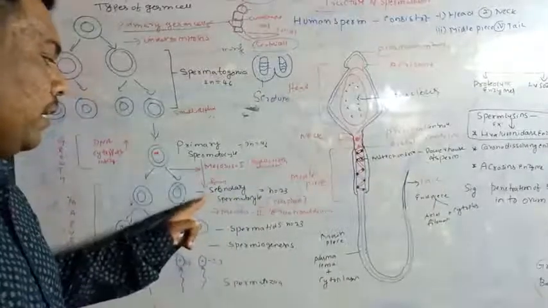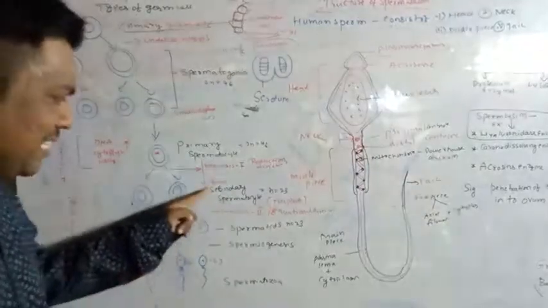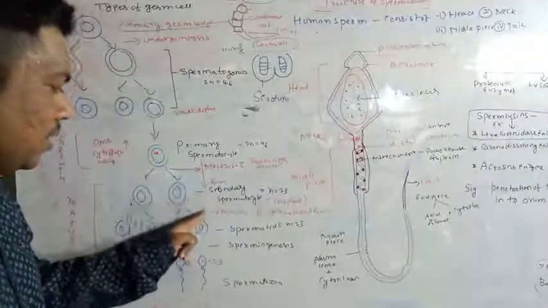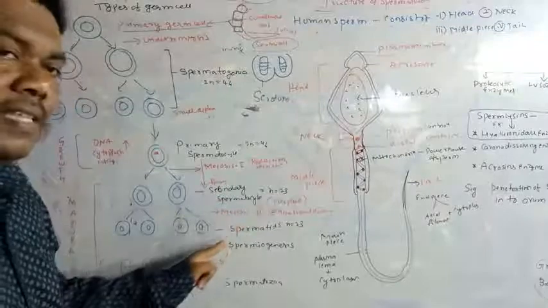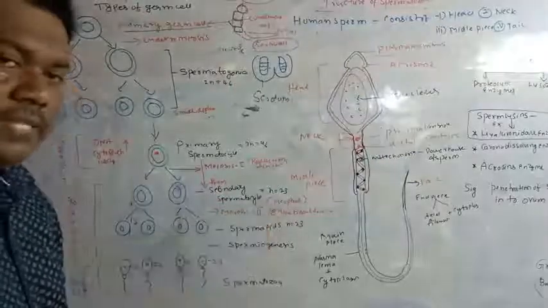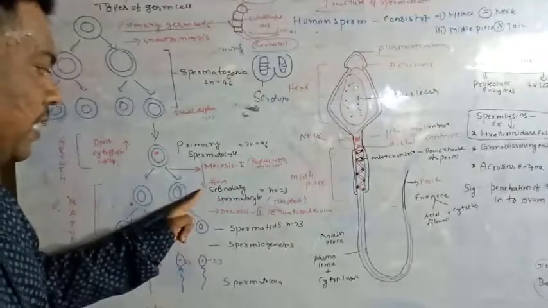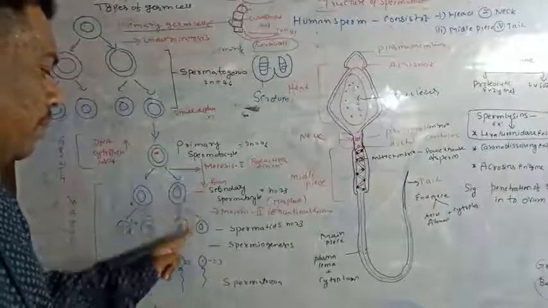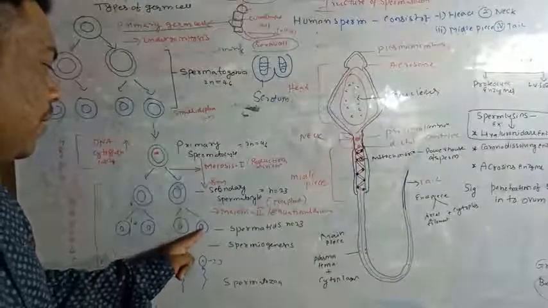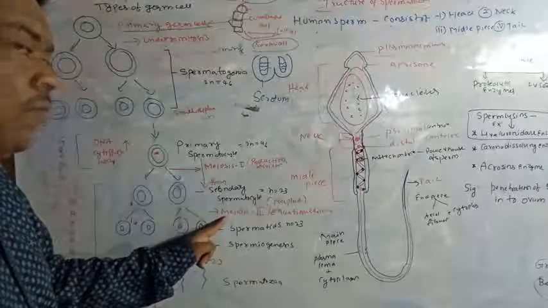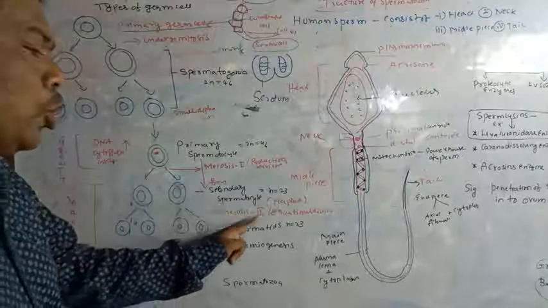This is the haploid number, and immediately this secondary spermatocyte undergoes meiosis 2, which is said to be the equational division. This secondary spermatocyte converts into the spermatid by meiosis 2 division.